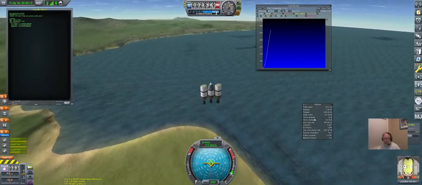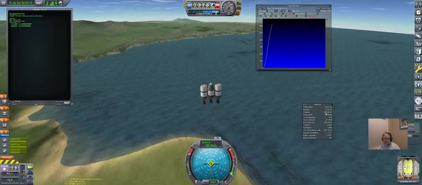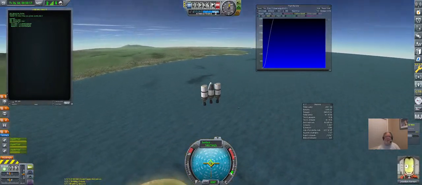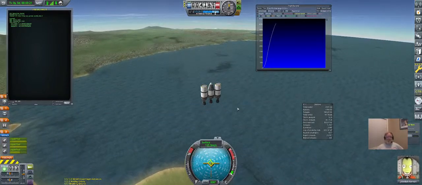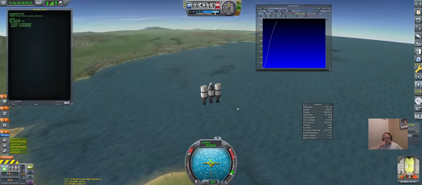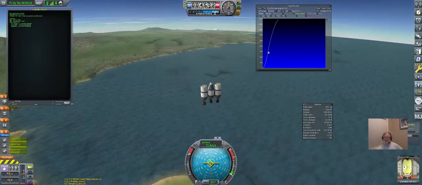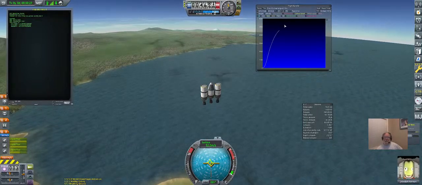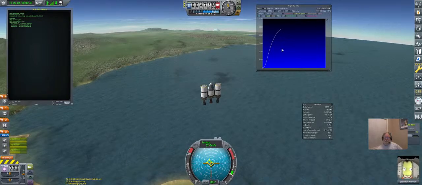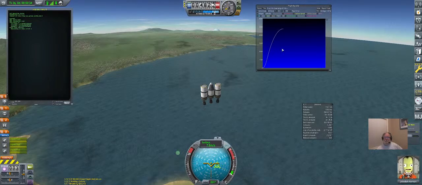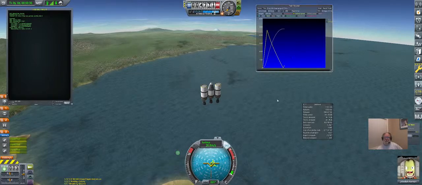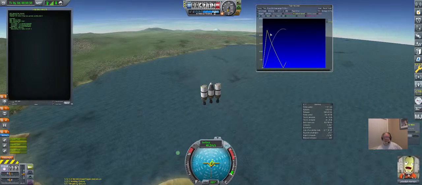And this apoapsis got pushed up to a little over 5 kilometers, so we'll be under 5 kilometers when we turn around. We should have a nice parabolic curve here. We'll toss in the surface speed.